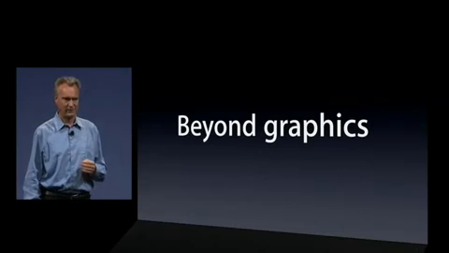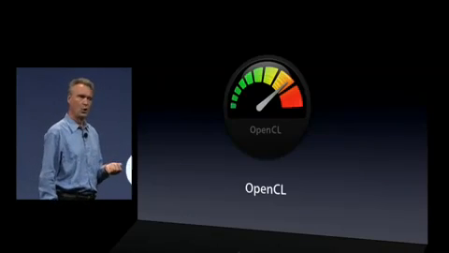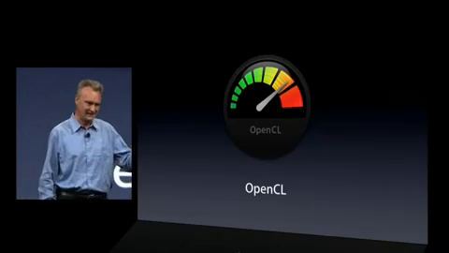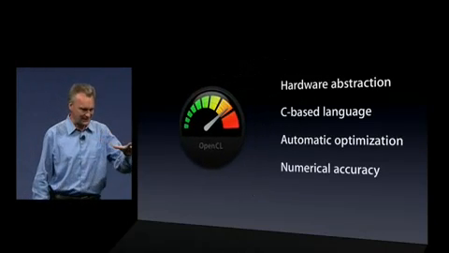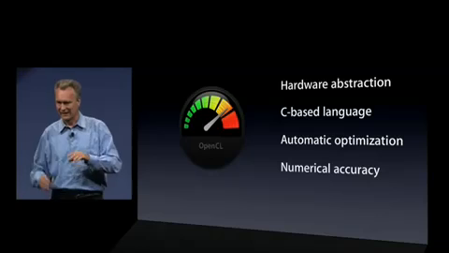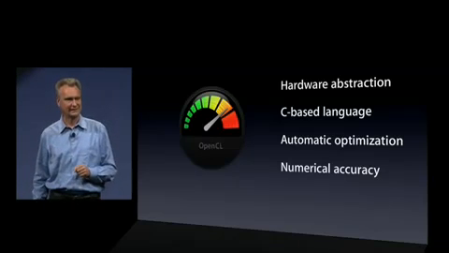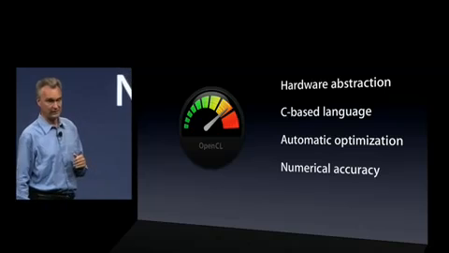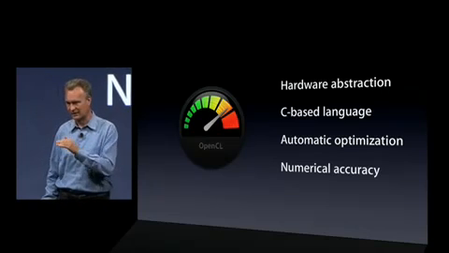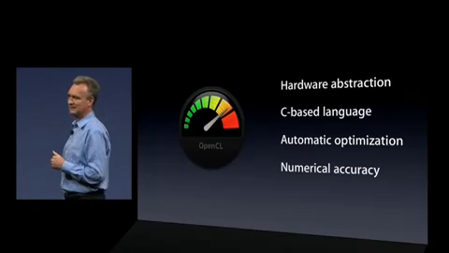And for that, we've devised a technology that we call OpenCL. The C stands for computing. It protects you as developers from exactly what card the user has. It's based on C, so there's a very low learning curve. It uses sophisticated compilation techniques to optimize.